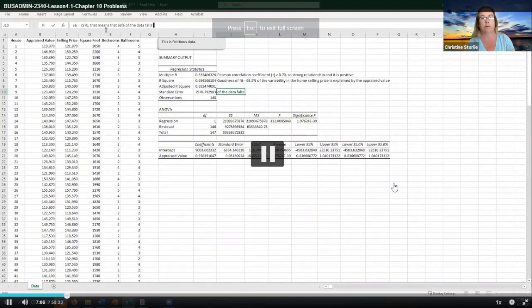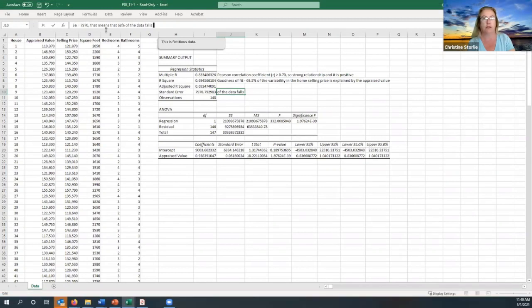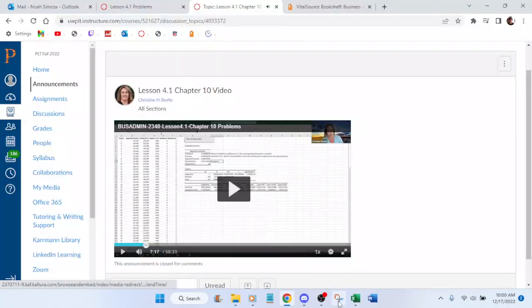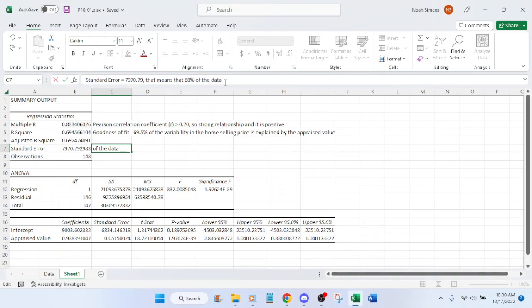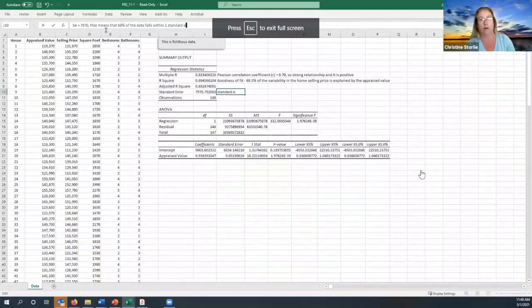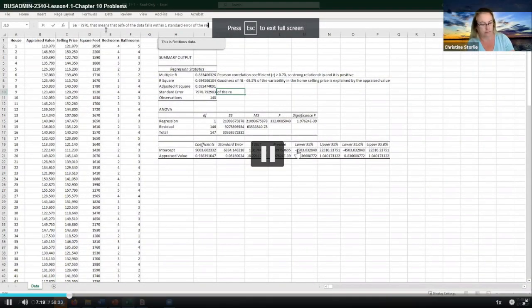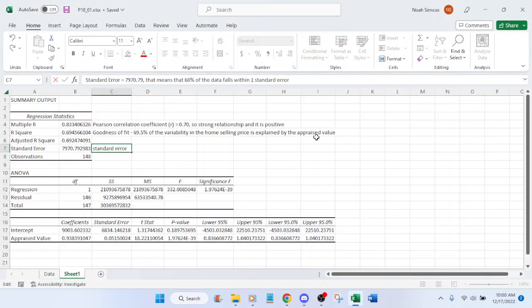And since we're not dealing with a mean here, we're dealing with a regression line, you say within one standard error. 68% of the data falls within one standard error of the regression line.